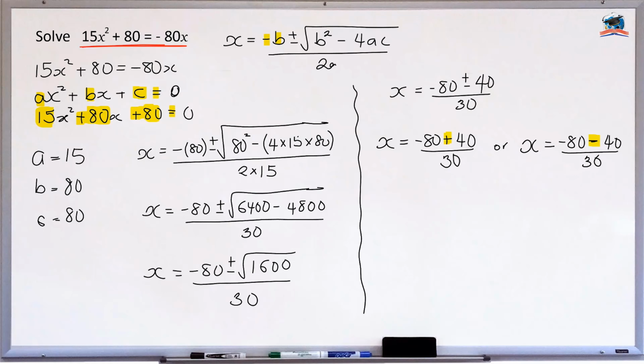So minus 80 plus 40 will give us a negative 40. So we have x is equal to minus 40 over 30. And on this side here, x will be minus 80 minus 40 will give us minus 120. We have minus 120 all over 30.